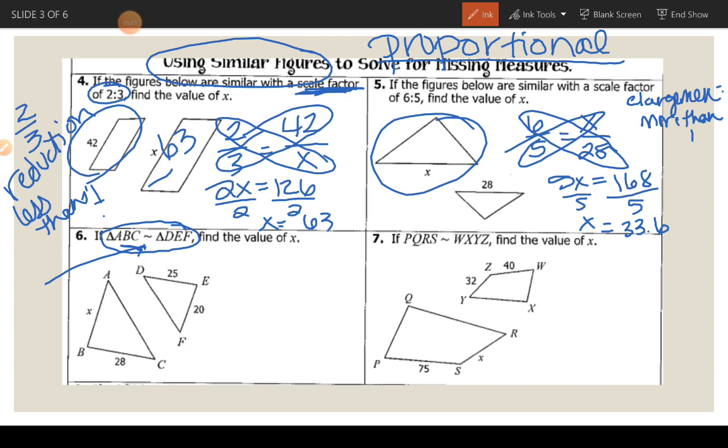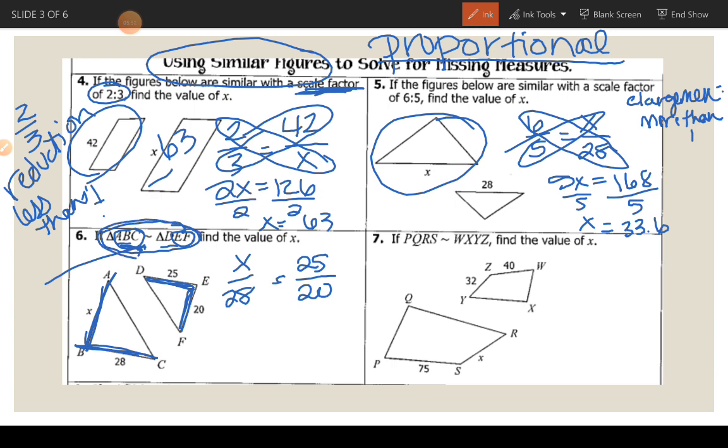So if you start with x over 28, well, x is AB, so it would be DE, so x is proportional to DE, which is 25. And then BC is in the bottom, so it would be EF, so 20 would go in the bottom.